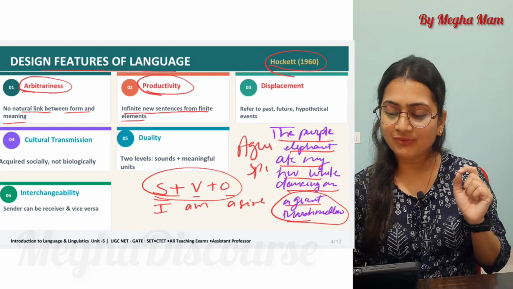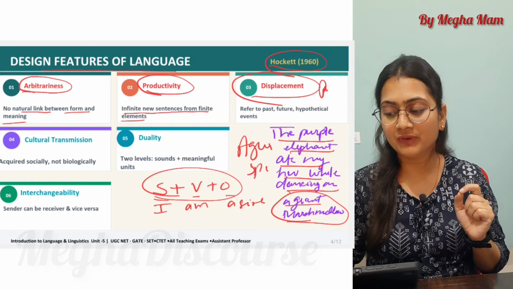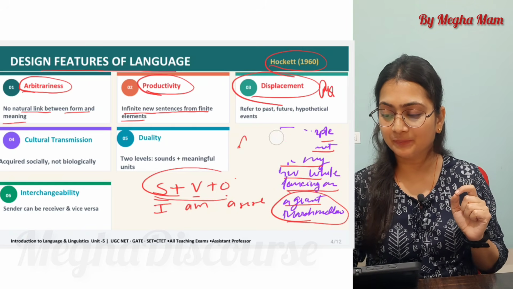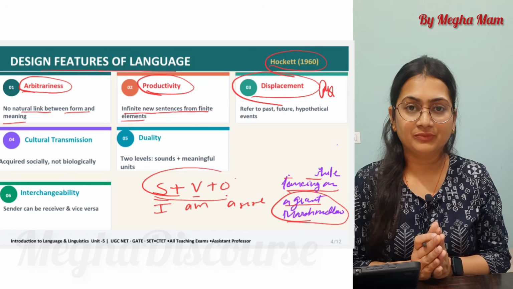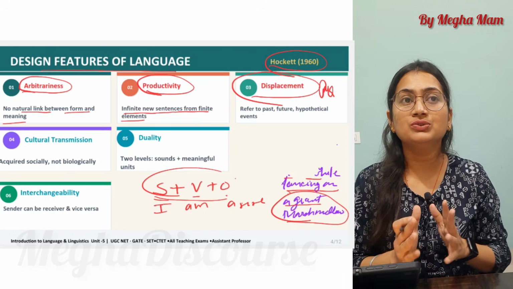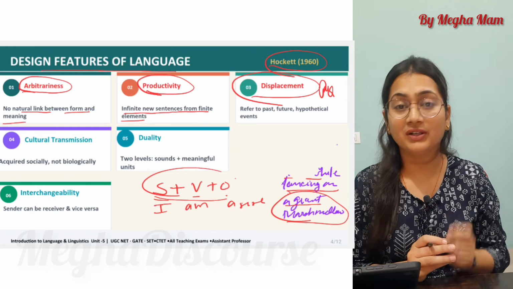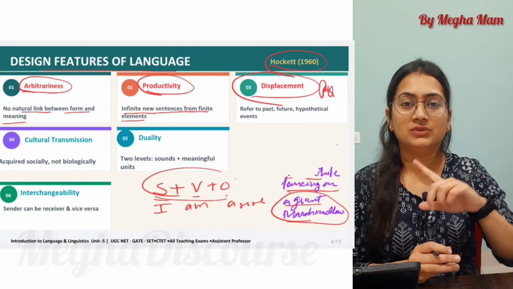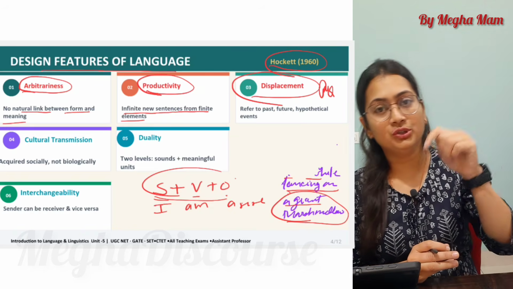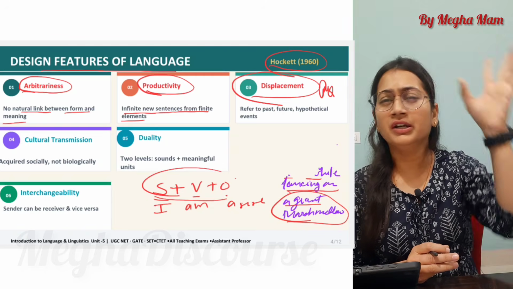Then we have displacement. This is your PYQ. Now what is displacement? Look, to displace something, to use time, to use specific things, like through language you can travel into the past, into the present, into the future, or into the unimaginary thing.